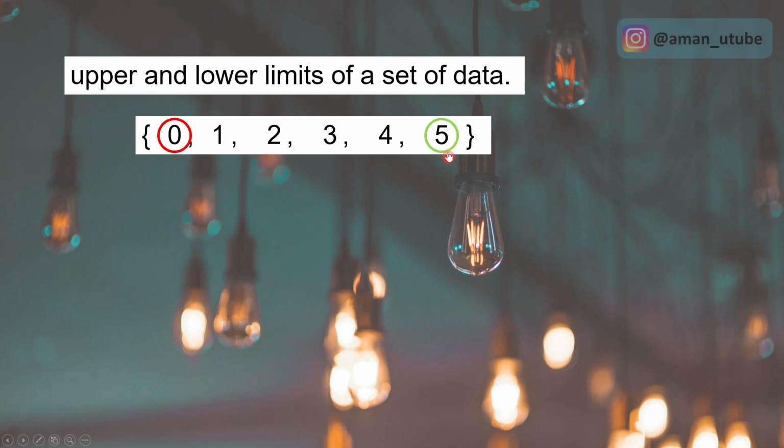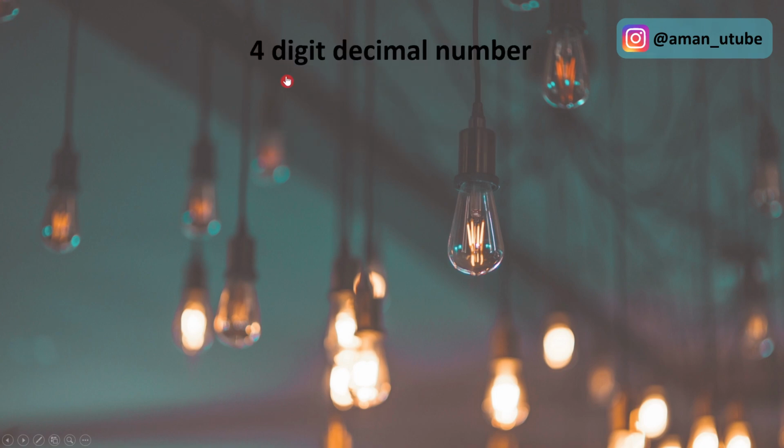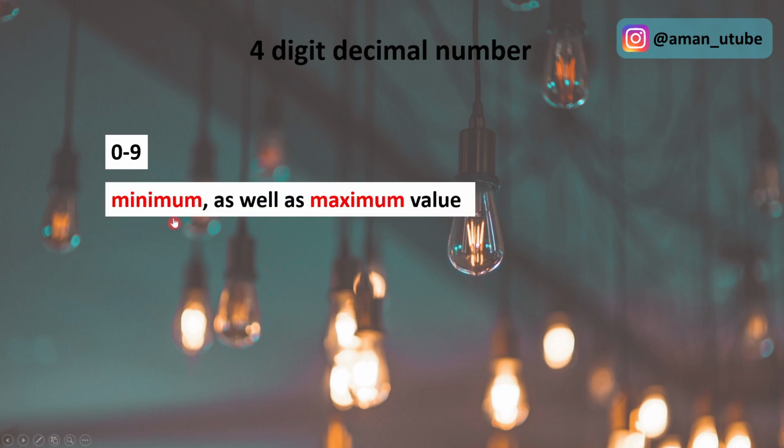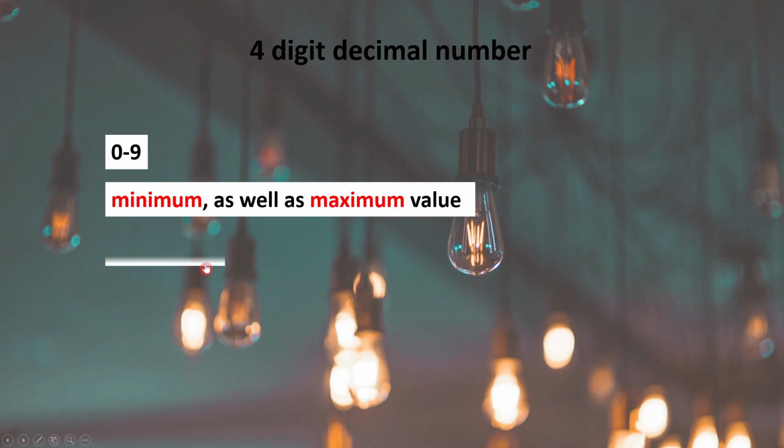If you take another example, the range of 4 digits of a decimal number, where each digit is from 0 to 9, that we use in our day-to-day life. We have to know its minimum as well as the maximum value for 4 digits of a decimal number. The minimum value is 0 when all digits are 0 and the maximum value is 9999 when all digits are 9.